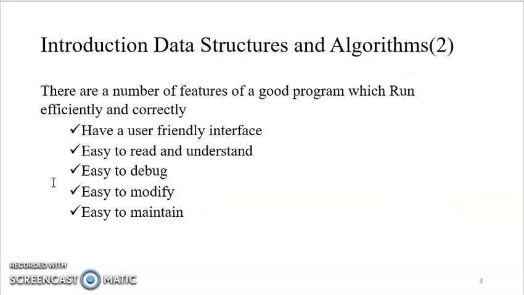Most of the time, I think we are very familiar with programs. Now you already know we have programming languages like C++, Java, Python, C#, Visual Studio, and so on. We have a number of programming languages which are named high-level programming languages.